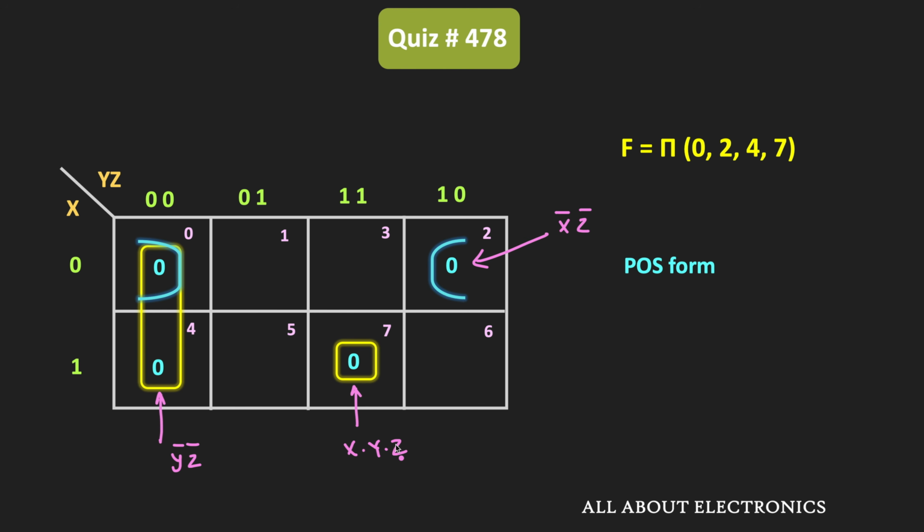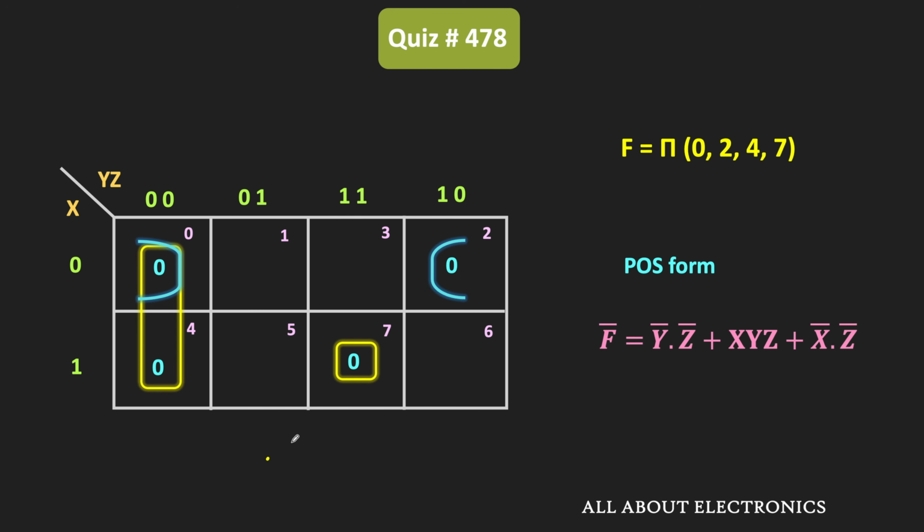Since we are combining the zeros in the K-map, the Boolean expression which we will get corresponds to F bar. So we can say that F bar is equal to Y bar dot Z bar plus XYZ plus X bar dot Z bar.